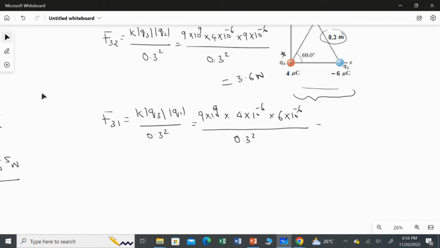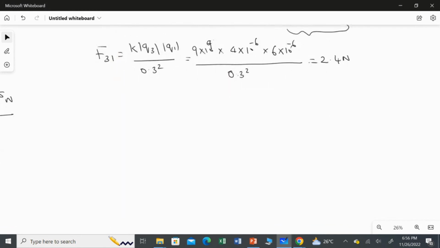What's the answer? 2.4 Newton. Clear? Okay. Now we have to identify the magnitude, am I right? For calculating the magnitude, you need your x component and your y component, right? For that, we have to see the figure. Actually, I have to draw the figure one more time for showing the direction of the forces.